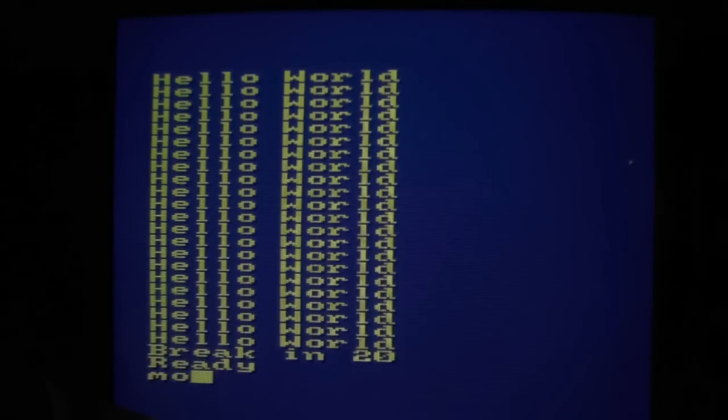And mode 2 is the 80 characters 2 color mode. Especially useful for word processing and CP/M. So let's have a look at the Spectrum.